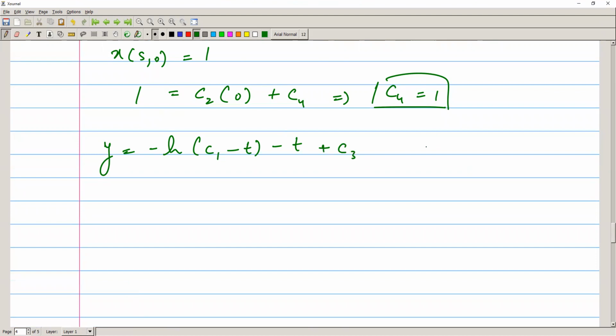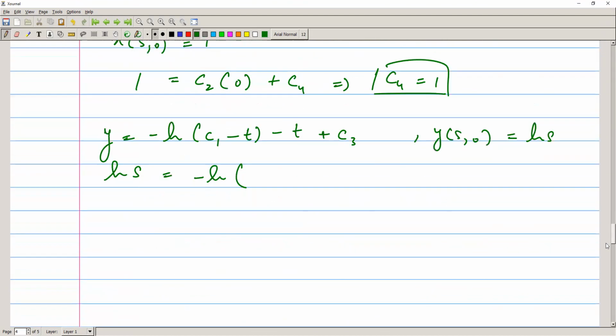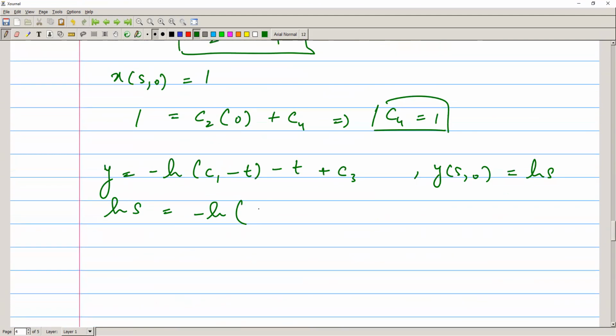So the condition of y of s comma 0 is equal to ln s. So I will write here ln s is equal to negative ln c1. What is c1? c1 is found to be 1 over s, so I will write here 1 over s minus 0 plus c3.